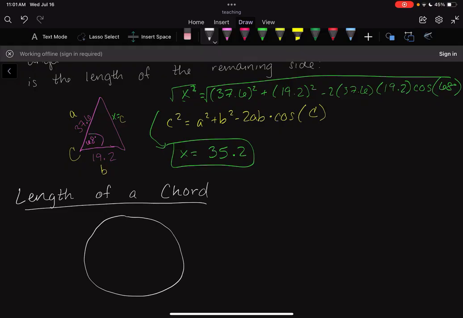So if we have a circle, it'll have a central point. And a chord is just a line that touches one part of the circle to another part of the circle, on the outside. Let me color code a little bit. I'm going to do that in pink. So this is a chord.